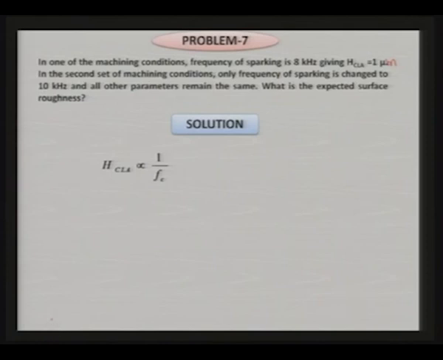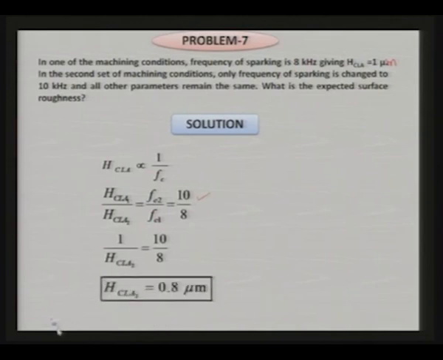So, we know that HCLA is inversely proportional to the frequency FC. So, HCLA 1 over HCLA 2 is equal to FC 2 over FC 1, and when we substitute the values of FC 2 and FC 1, you get 1 over HCLA 2 equal to 10 by 8, and if you simplify you will get HCLA 2 equal to 0.8 micrometer, that is the surface finish.